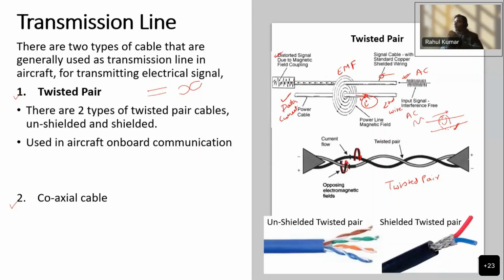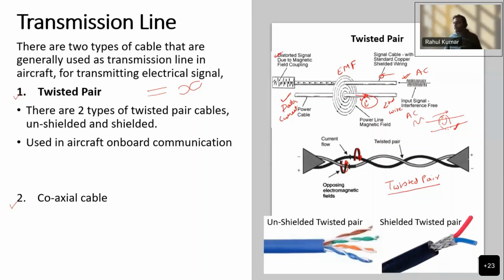As a result, there will be no electromagnetic interference in the twisted pair cable. So that's how we avoid electromagnetic interference between the two wires.